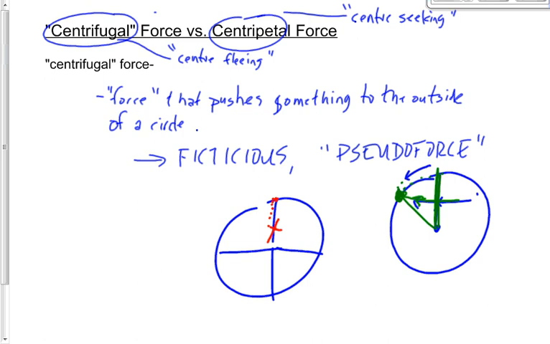Sometimes when you look at tire advertisements, they talk about centrifugal force. It's able to withstand high centrifugal forces and so on. It's misleading advertising because they know full well that centrifugal force doesn't exist. Okay? They just talk about centrifugal force because that's what they think you expect to hear.